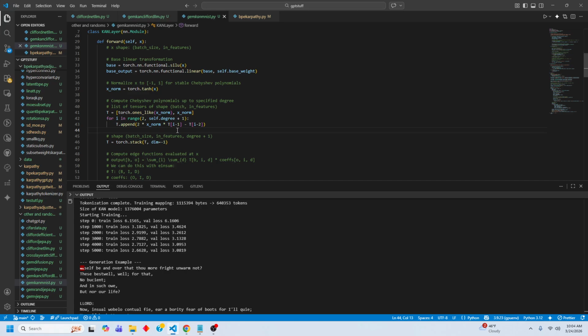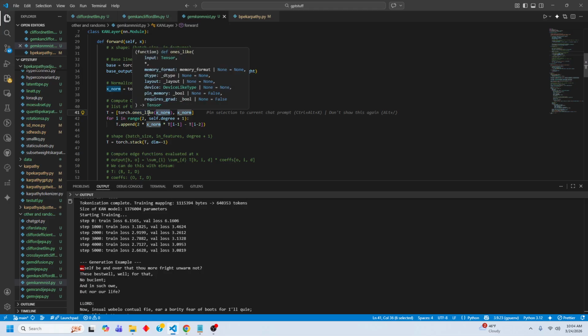I understood this more. It's more of a way of making polynomials. So for i in range from 2 to self.degree, let's see, what's t? T is torch.ones_like x, norm by x. What is torch.ones_like x? I'm assuming that's the size.